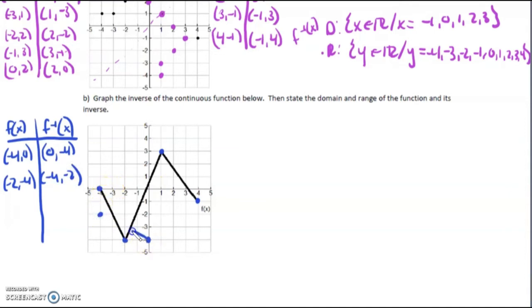So that's going to connect like this. Okay, and then from here, instead of (1, 3), we're going to connect it with (3, 1). Okay, and then instead of (4, -1), we're going to connect this with (-1, 4).